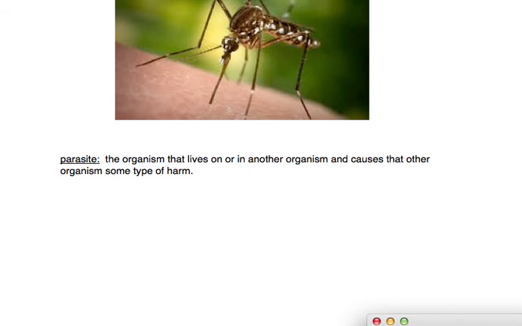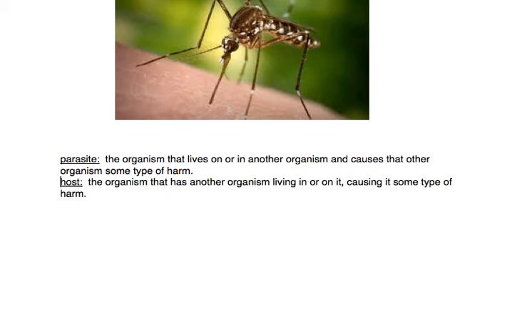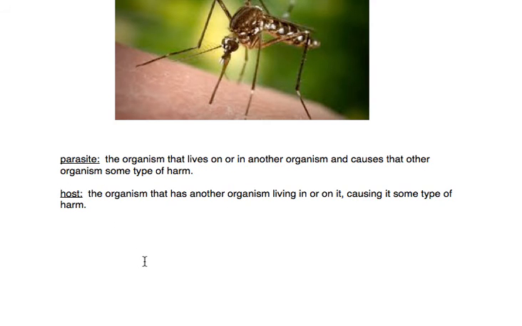And you have the host, and the host is the organism on which or in which the parasite lives. Okay, so the parasite is the organism that lives on or in another organism and causes that other organism some type of harm. And it doesn't even have to be hugely harmful, but any type of harm would make it a parasitic relationship. And the host is the organism that has another organism living in or on it, causing some type of harm.